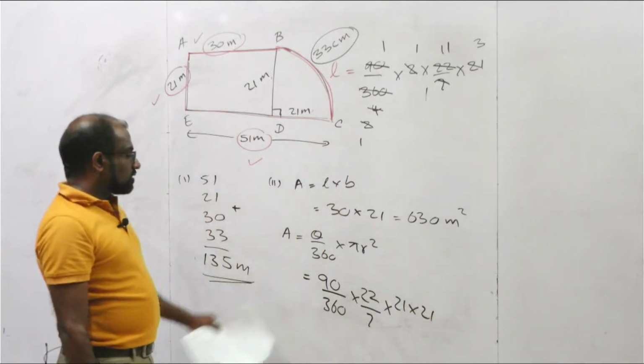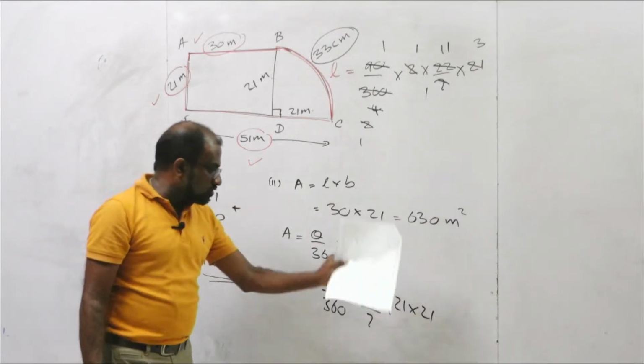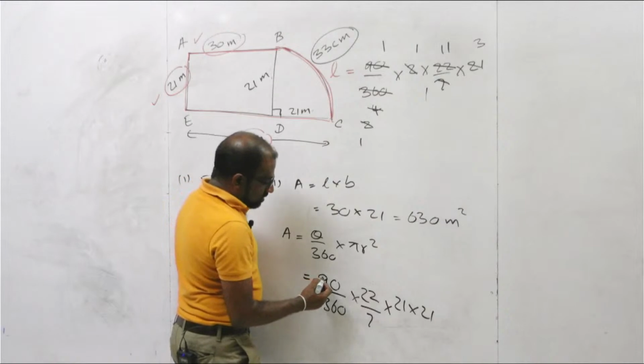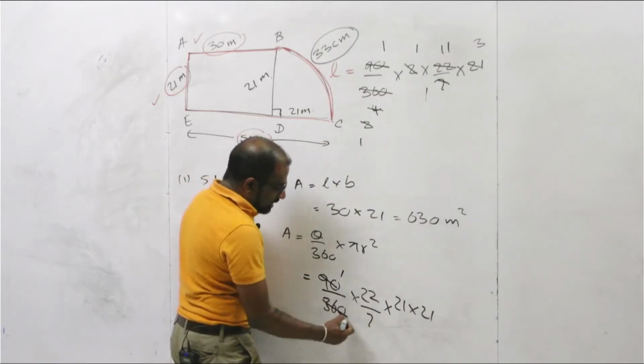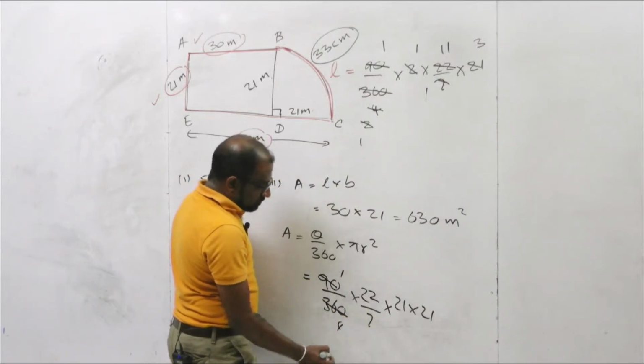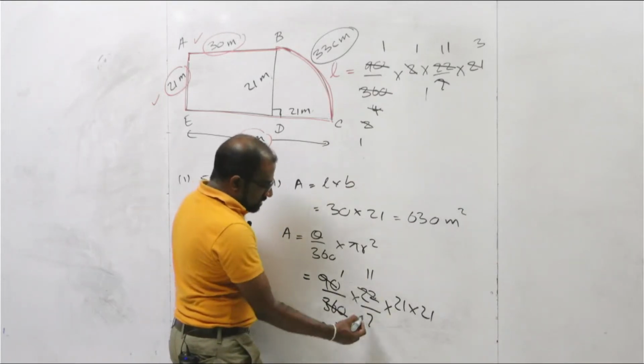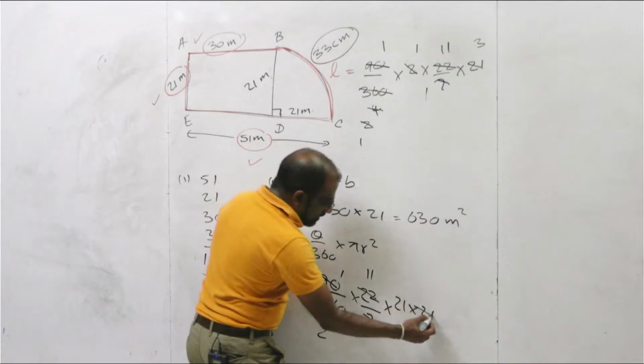Let's simplify this. 90 times 1, 90 times 4, 2 times 11, 2 times 2, 7 times 1, 7 times 3.